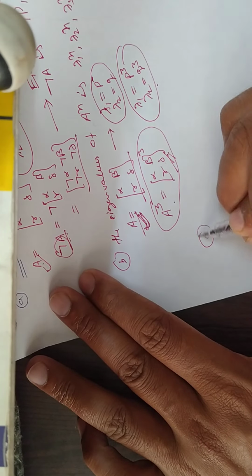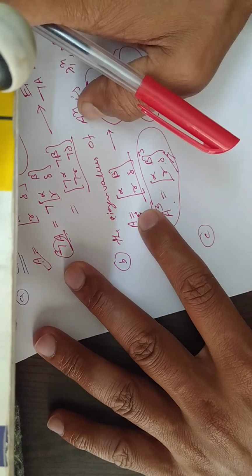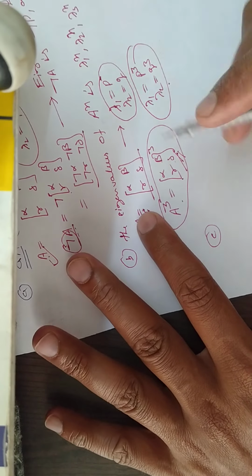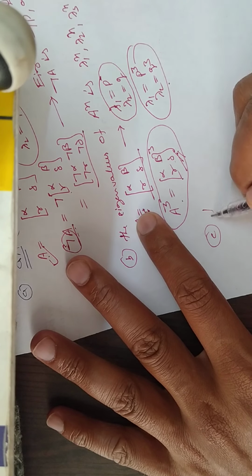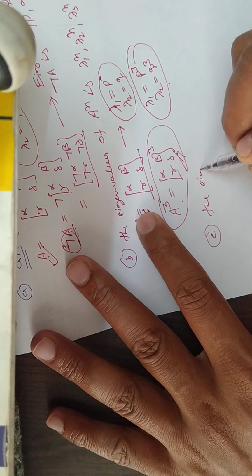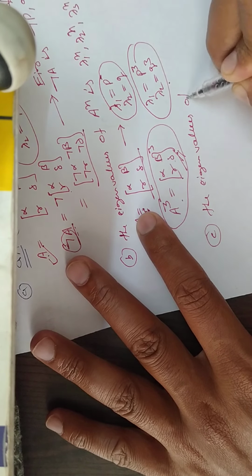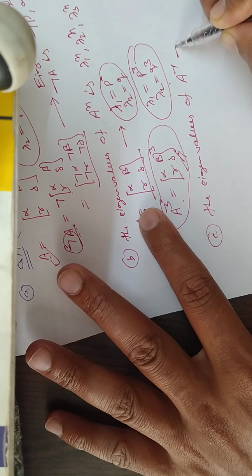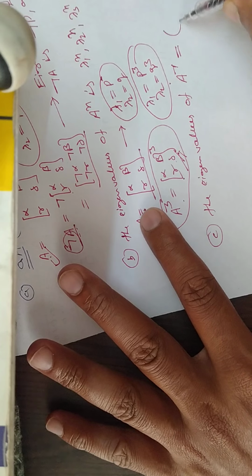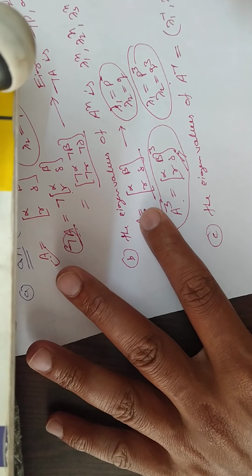Now the last, this is property C of 4B. The eigenvalues of the inverse of a matrix, the eigenvalues of A inverse, are lambda 1 inverse, lambda 2 inverse, and so on up to lambda n inverse.